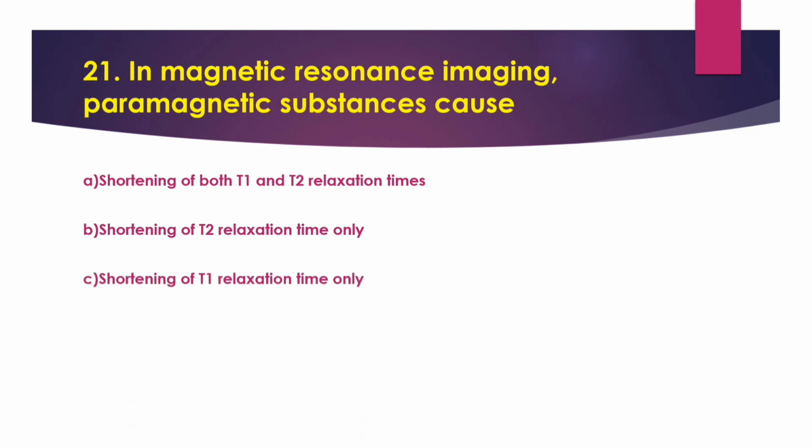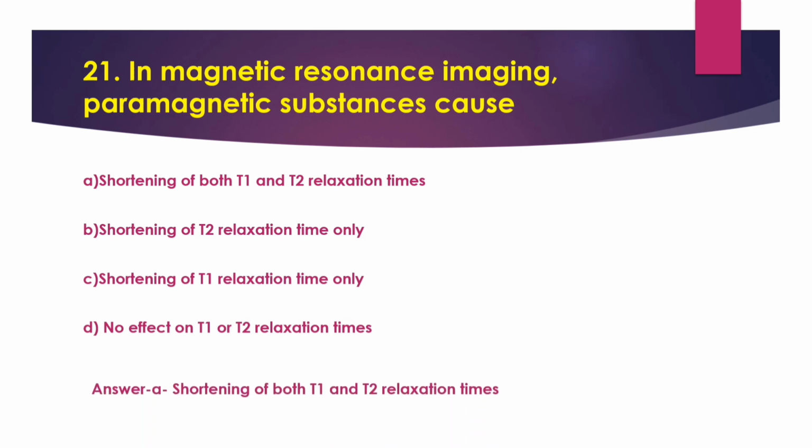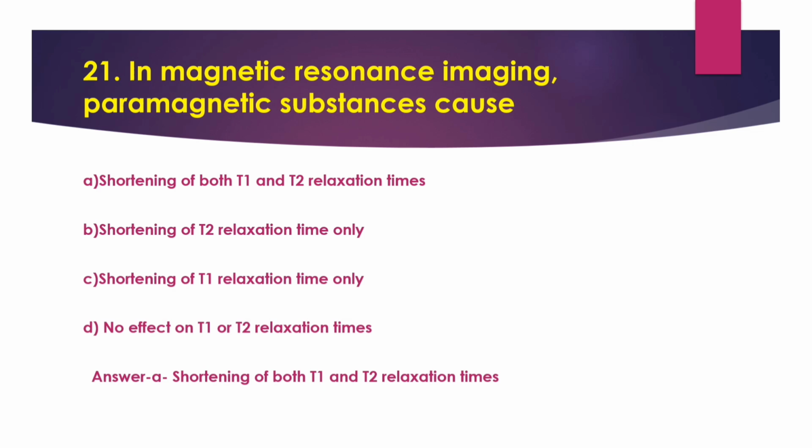Option C, shortening of T1 relaxation time only. And option D, no effect on T1 or T2 relaxation time. So the paramagnetic substance causes shortening of both T1 and T2 relaxation times. Answer is A.